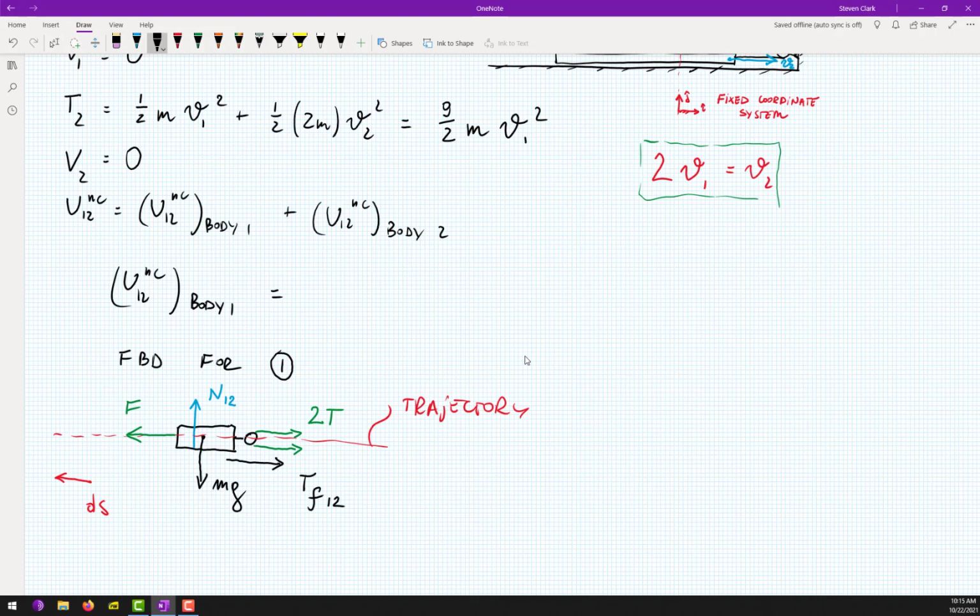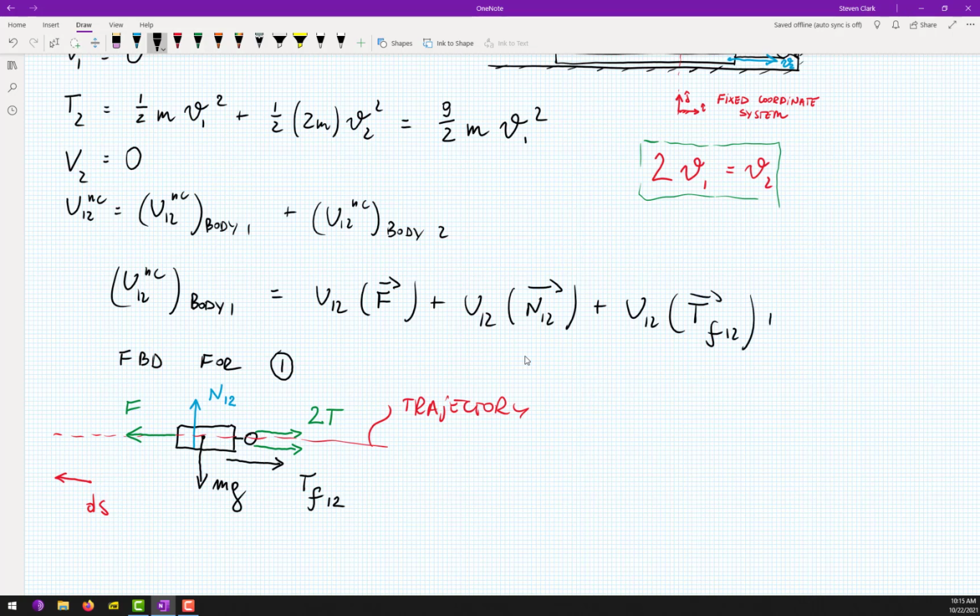So that would be U12 of F plus U12 of N12 plus U12 of TF12 plus U12 of 2T.